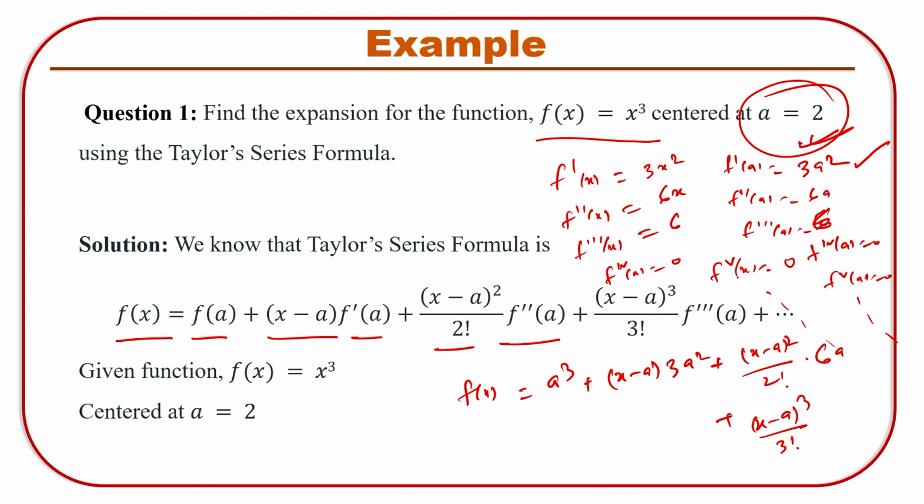This is going to be 6, right? So this is 6 and all other terms become 0, right. So that will be your answer, but you already had f(x) equal to x cube.